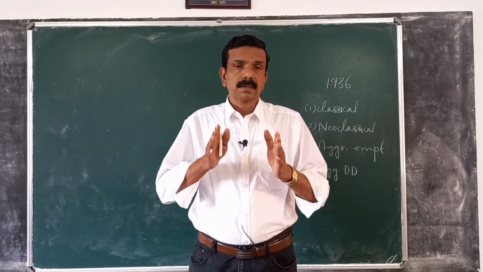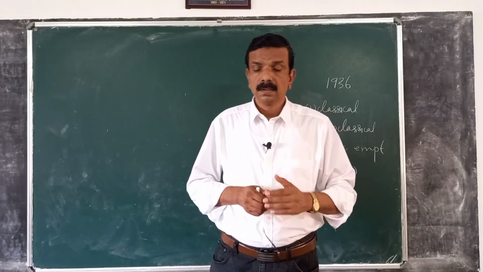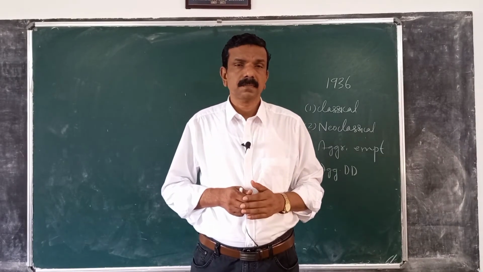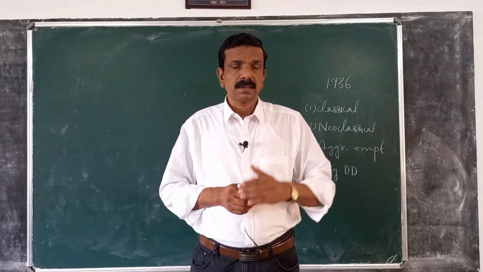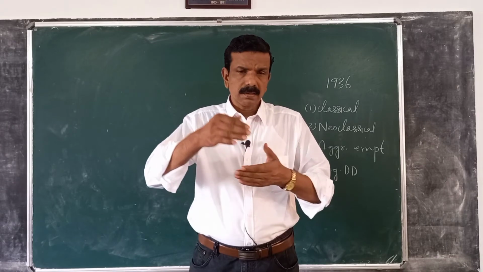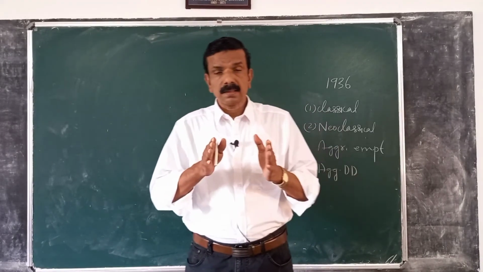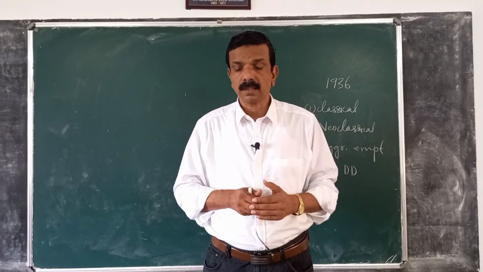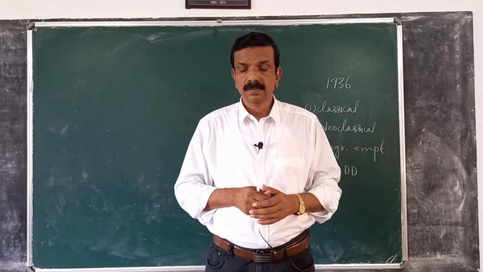Now, the question is, how did classical economists reach such an optimistic conclusion? To answer this question, we construct a simple version of the classical model, which explains four things.